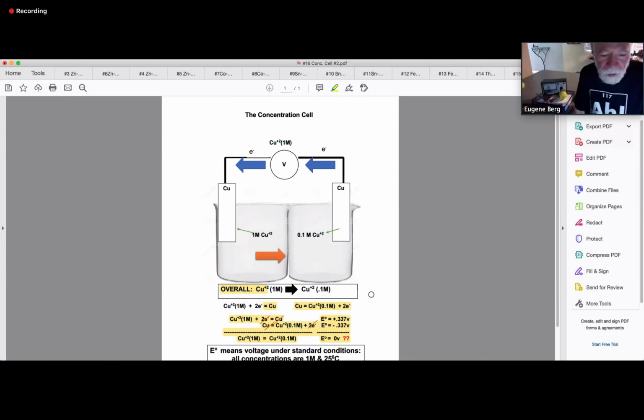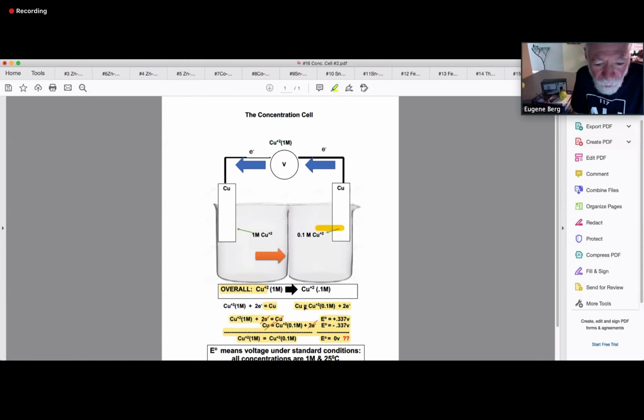Okay, now here's the tricky part. We know what the overall reaction is supposed to be, but how can this happen? Look at the right-hand compartment. We're supposed to produce extra copper plus 2 ions. How can that happen? The answer is, how about if the copper metal were to dissolve and form copper plus 2 ions?